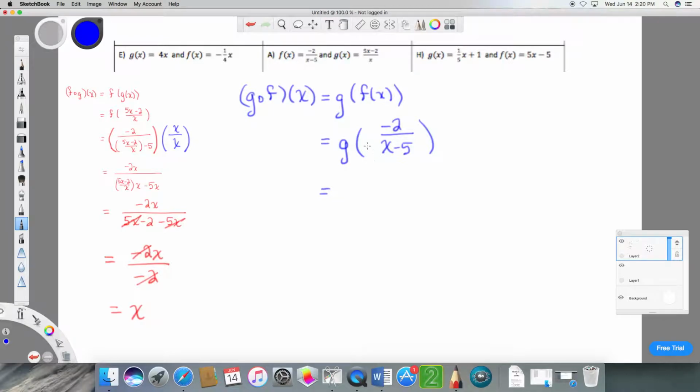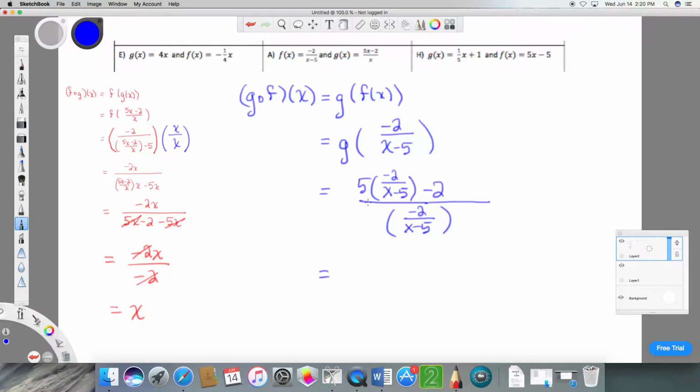And what g will always do to the input is create a ratio where the numerator is 5 times that input minus 2, and the denominator is always the input. So here we have negative 2 over x minus 5, and here we have negative 2 over x minus 5.